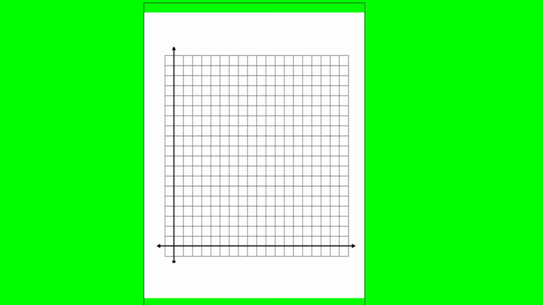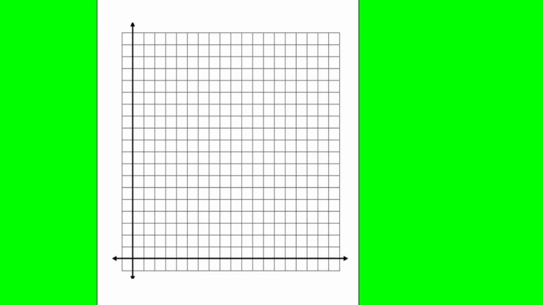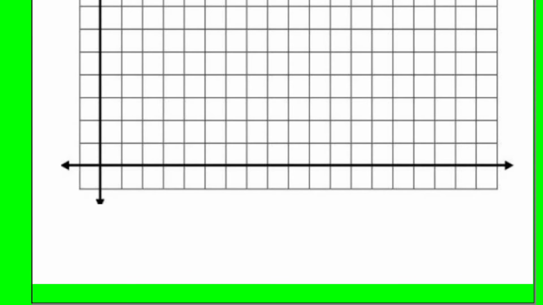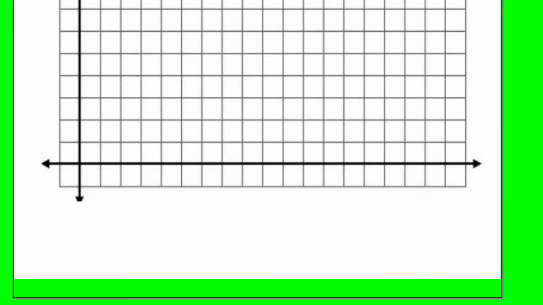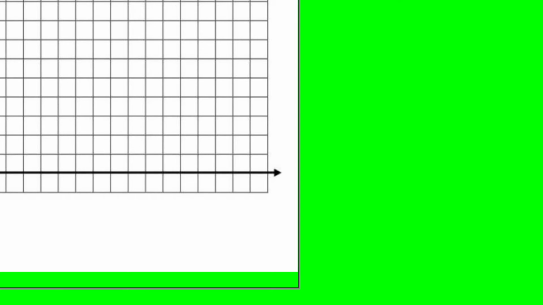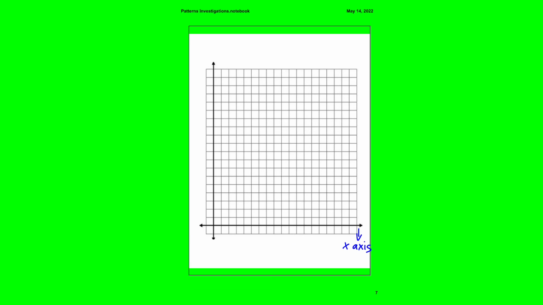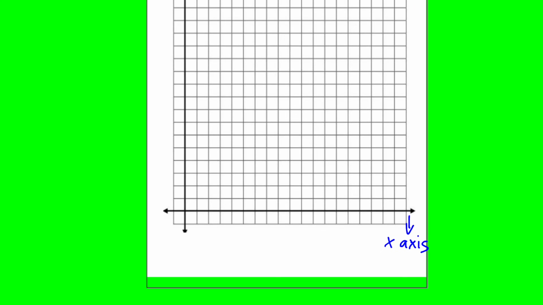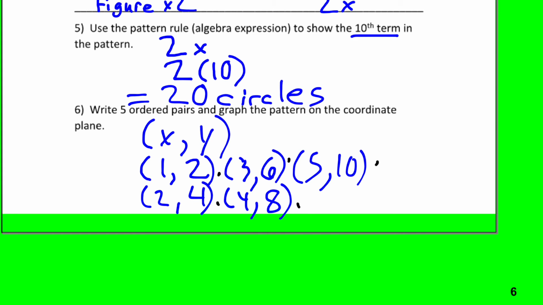This is one quadrant of our coordinate plane. This dark horizontal line, this one right here, is called the x-axis. And this vertical line is called the y-axis. Now we're going to label our x-axis.